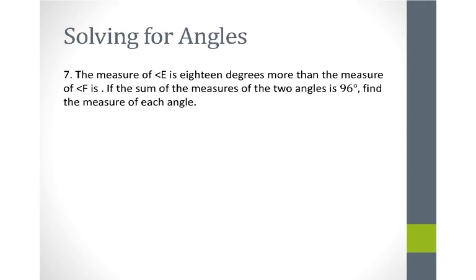The measure of angle E is 18 degrees more than the measure of angle F. If the sum of the measures of the two angles is 96, find the measure of each angle. So it says angle E is 18 degrees more than angle F. Well, more than means what? If you said addition, that's correct.